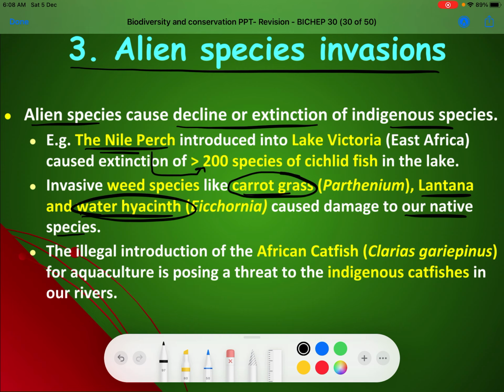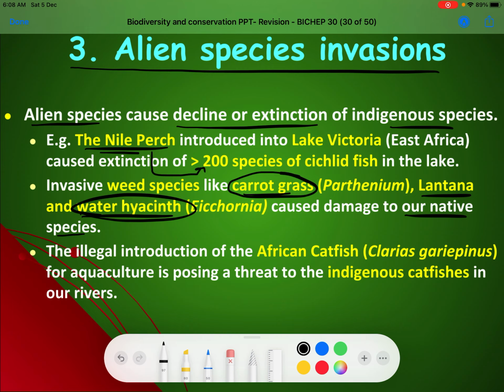Due to excess growth of these weeds, our native plants are affected badly by competition for nutrition from the soil, and that is why they cause severe damage to the native species.